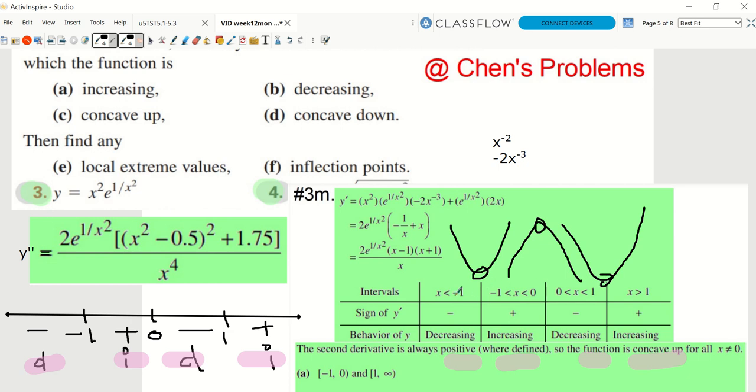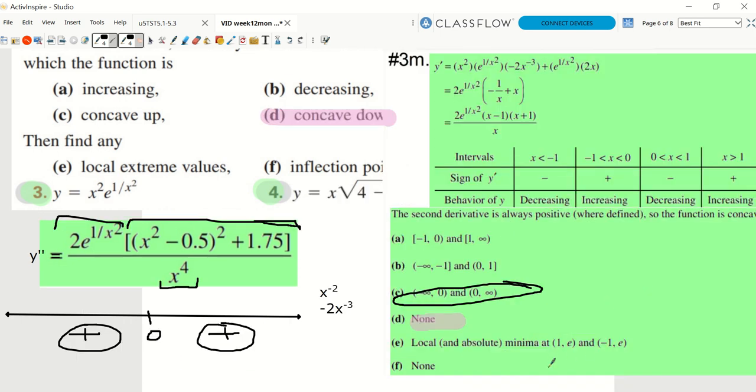So you have a minimum at x equals -1 because it goes from negative slopes to positive slopes. Similarly, because you go from positive slope to negative slope at x equals 0, you have a maximum. And by the same logic, because you're going from negative to positive at x equals 1, you have a minimum.